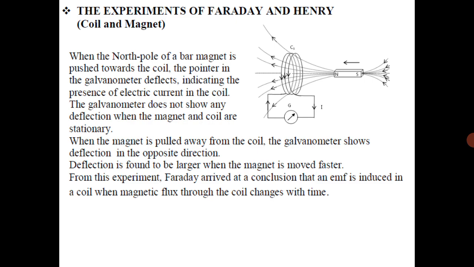When the magnet is pulled away from the coil, the galvanometer shows deflection in the opposite direction.